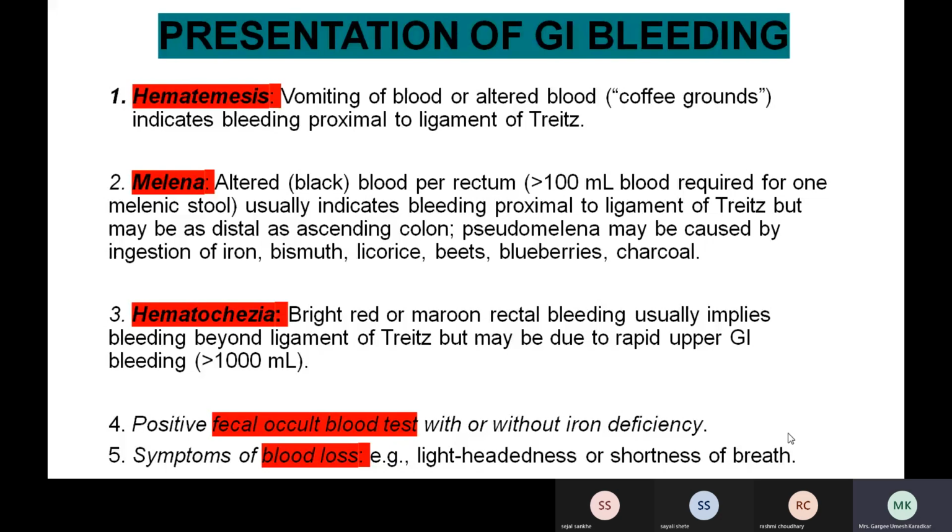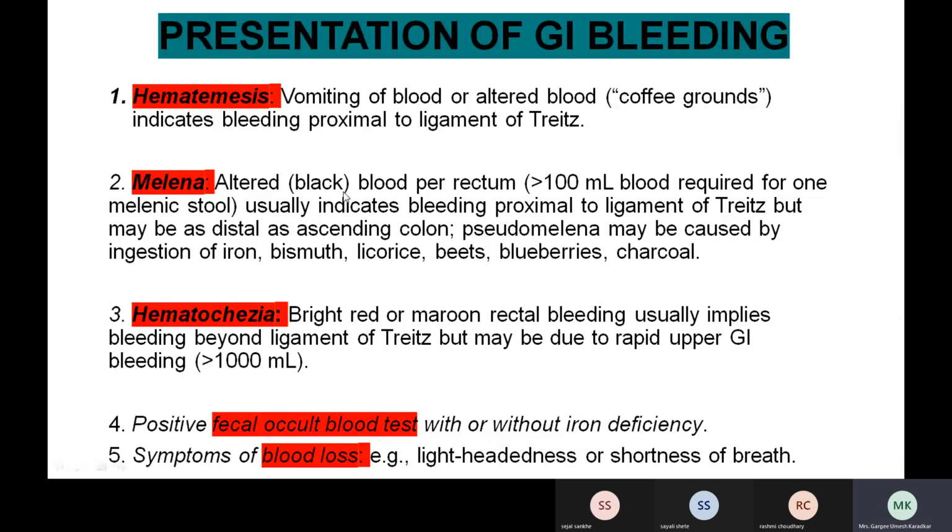If it is upper, then the patient may have hematemesis, that is vomiting of blood or altered blood, the coffee ground color of blood, indicating bleeding proximal to the ligament of Treitz. Second, melena, that is altered black blood coming out per rectum.